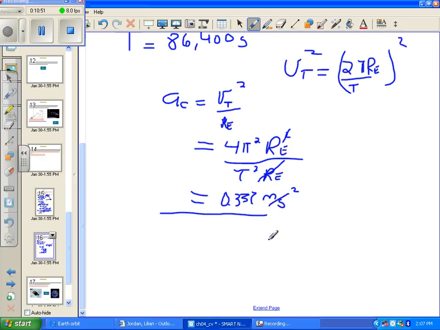And this leads to a discussion of inertial mass versus gravitational mass, but we won't pursue that any further here. Let it just be known that the centripetal acceleration of objects on the surface of the Earth is a small value.